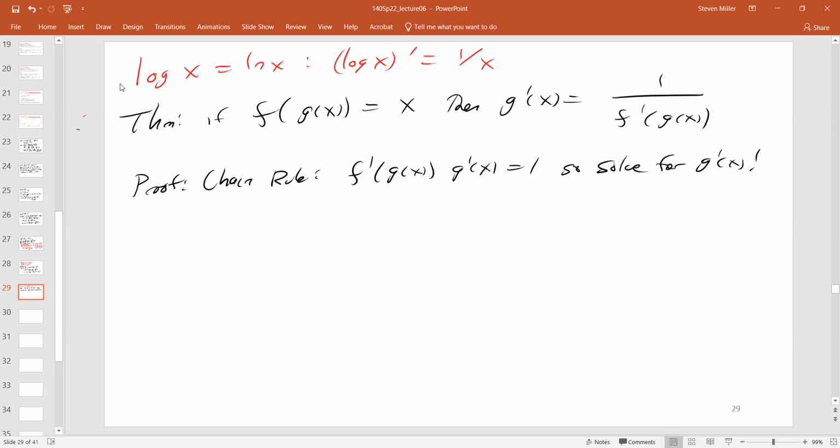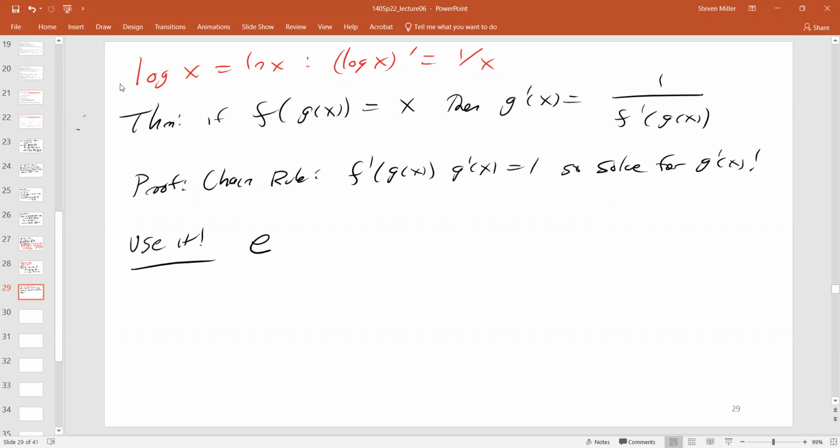That's not a factorial, that's just an exclamation. Okay? So by the chain rule, if I have two functions that compose and give me the identity function that just takes x to x, then f prime of g of x times g prime of x equals 1, so I can solve for g prime of x. All right, so now let's use it.